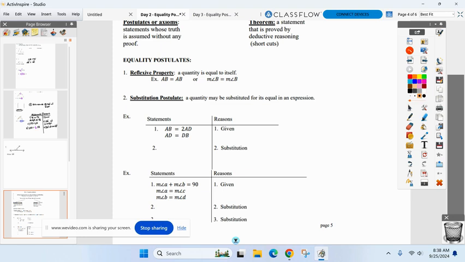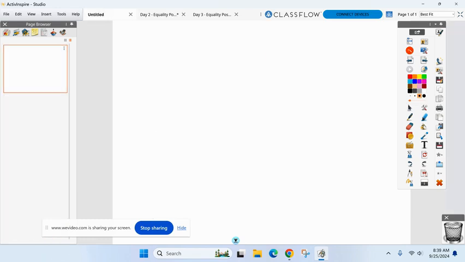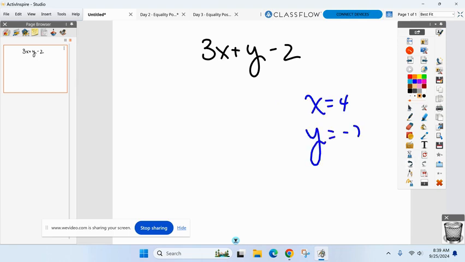Next up, and you guys are probably used to this. Let me ask you this. Back in your algebra days, if I asked you to find the value, what are you going to do with 4?